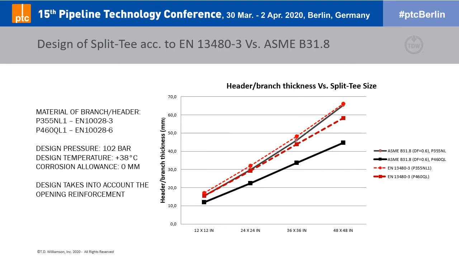Of course, this is not the only difference. The reinforcement calculation methodology is also different. But at the end, we would like to understand the impact on the thickness of material used for the split T and the amount of welding on site.